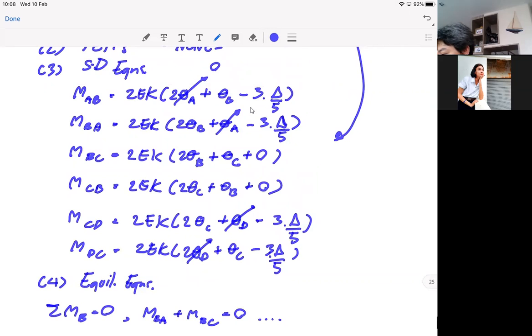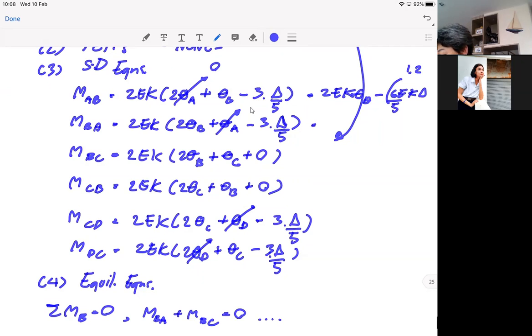So let me expand it here. We have 2EK theta B minus 6EK delta over 5, maybe let's call that 1.2, okay?